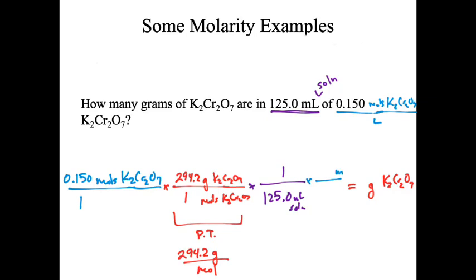I have to get rid of the milliliters of solution. So I'm going to convert milliliters into liters, because molarity is in liters, right? It makes sense. That conversion: 1 milliliter is 10 to the negative 3 liters. Milliliters cancel.